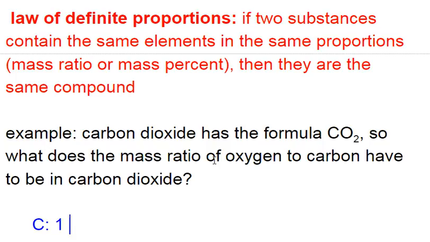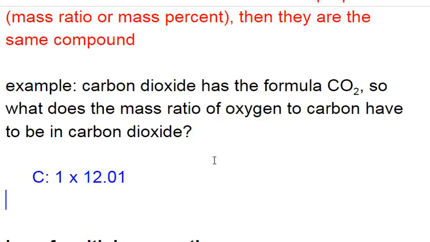So there's 1 carbon. If you look on your table, you should see it weighs 12.01. And then oxygen, the O2 means there's 2 oxygen, and they weigh 16. So this is actually 32. So the mass ratio, you're being asked from oxygen to carbon.